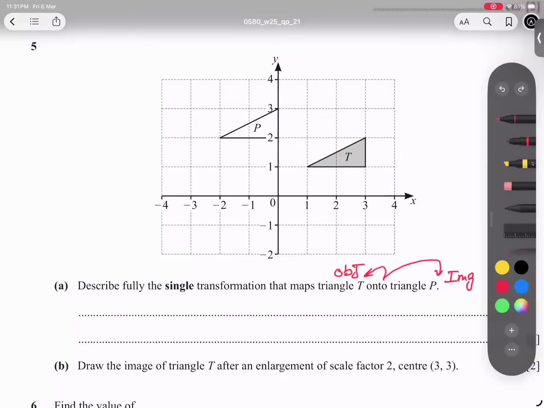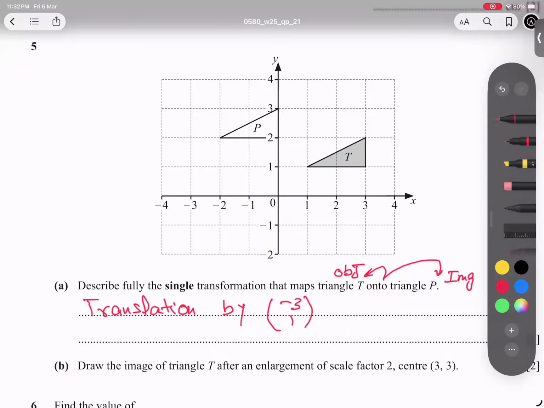This is a translation. Translation by column vector, always x before y later. So 1, 2, 3 to the left side, it is going -3, and 1 upwards, we get a positive. I hope this part is very clear.